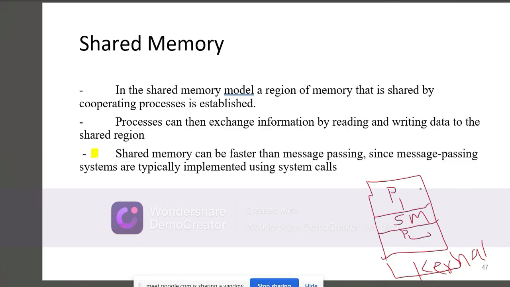Suppose process P1 wants to share something with process P2. At that time, process P1 can write something into shared memory. Now, when process P2 wants to update something, before updating, process P2 reads the data available in shared memory, and after that does the modification. This is the concept of shared memory, and at last the kernel is there.